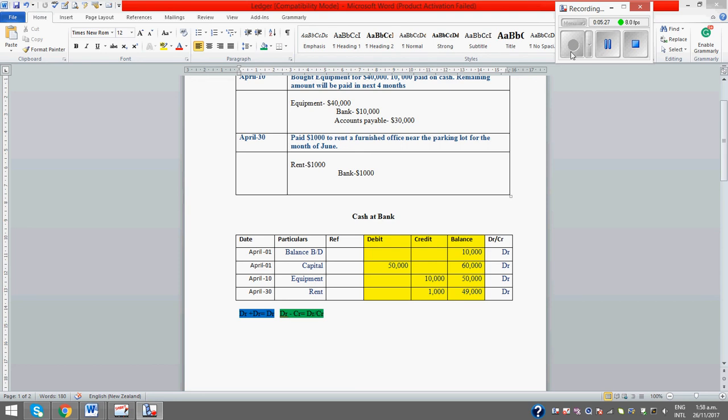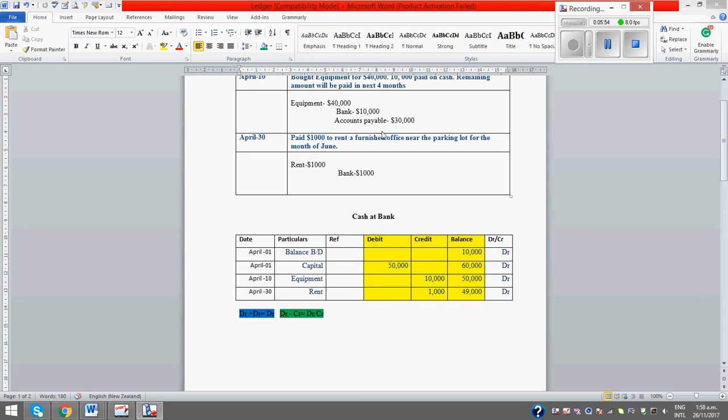But remember, if your debit amount is greater than the credit amount, then your balance amount would be debit. Over here your debit amount is 60,000 and your credit amount is 10,000. So 60,000 minus 10,000, you have 50,000, but 60,000 is greater than 10,000. That's why your balance amount would be debit.